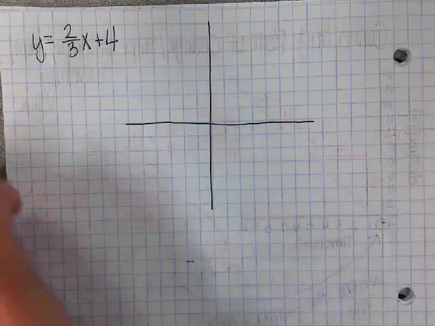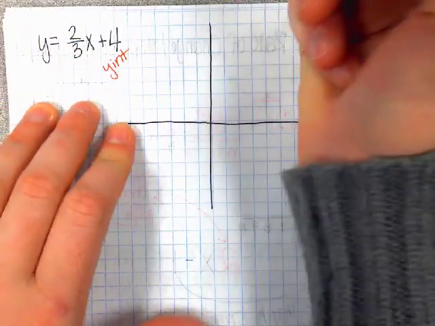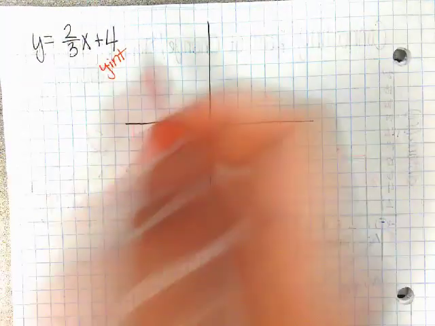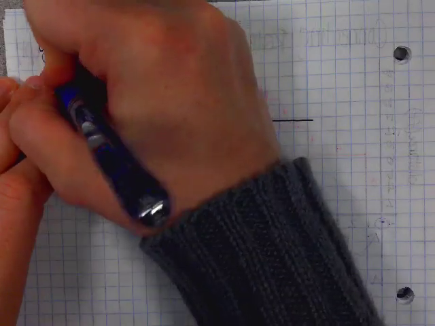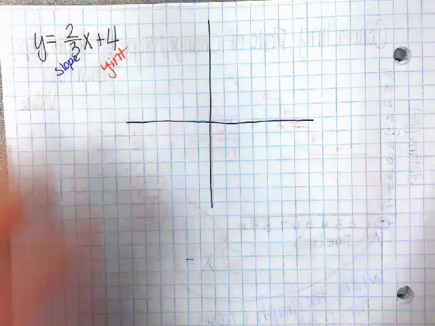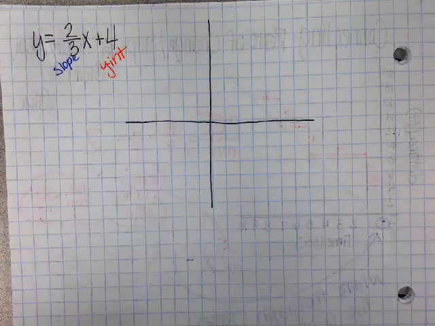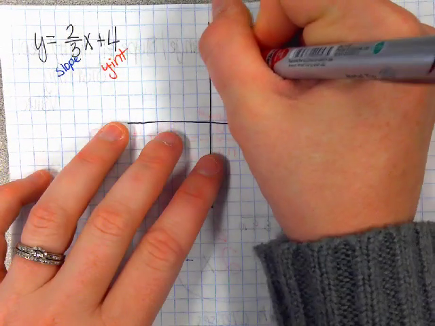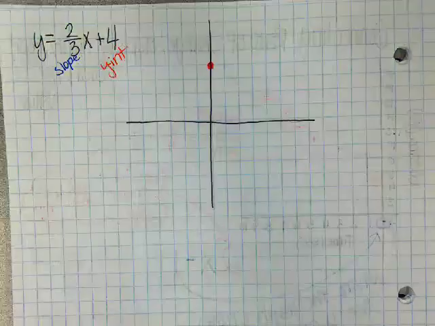Okay, again, start with your y-intercept. And I sometimes get lazy and just write y-int. And then this is my slope. Remember, depending on what test you're taking, depends on what they call it. So I'm going to start with my y-intercept, 1, 2, 3, 4.